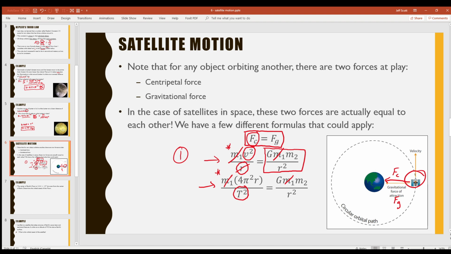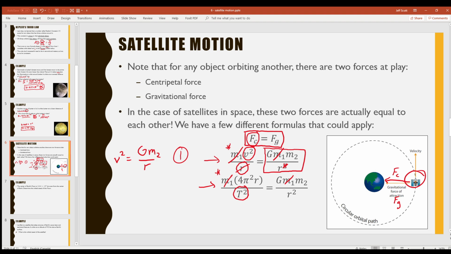And since the one on the right-hand side is an r squared, it would knock it down from an r squared to just an r to the power of 1. In other words, equation 1, just to rewrite it, could be written as v squared equals G m2 over r. So it becomes a little bit simpler rather than the bulky formula that we started with in the first place.